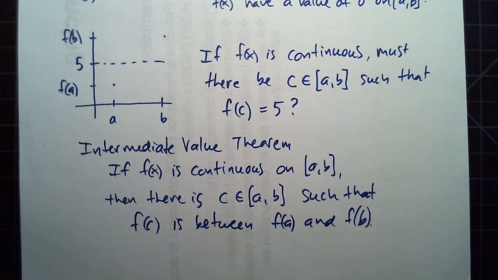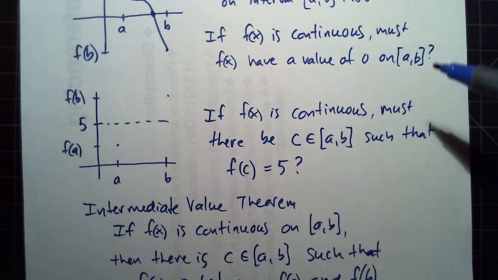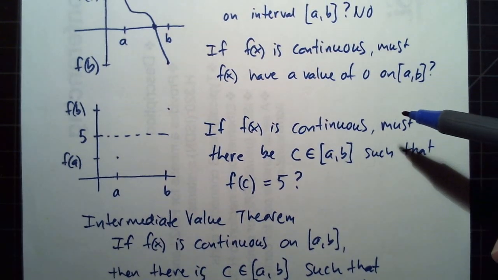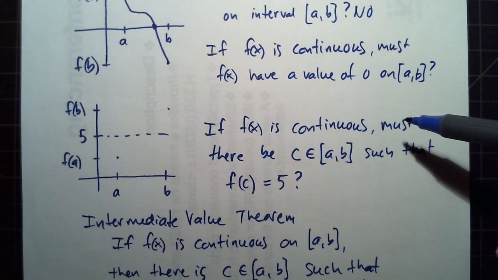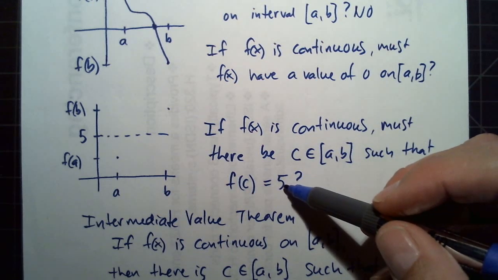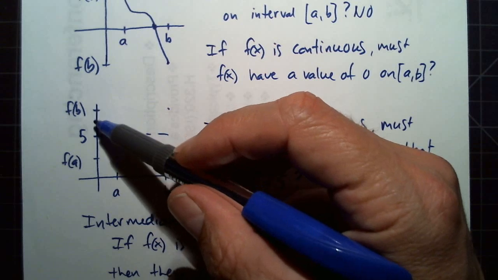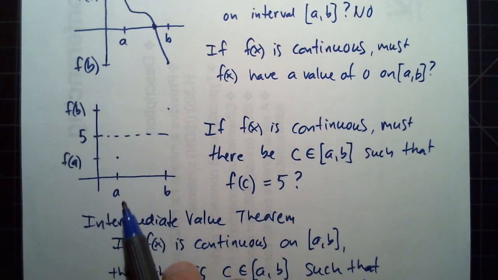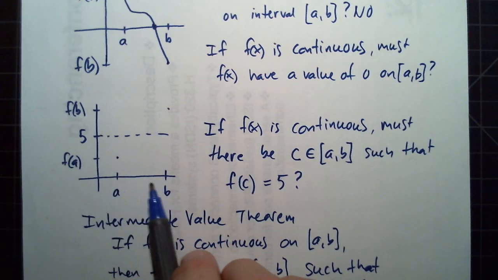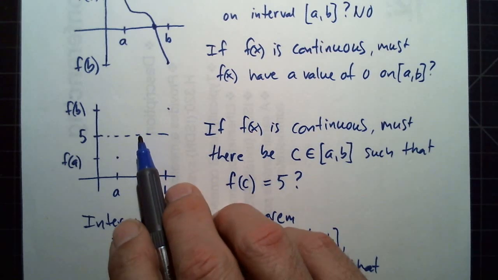That's just saying the same concept we just talked about. In this example, they're asking: must there be a value of 5? Yes, there must be a value of 5 because 5 is between the two y values. There must be some x value between a and b that has a y value of 5.